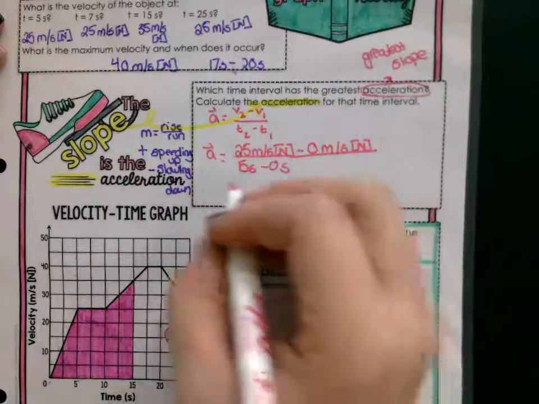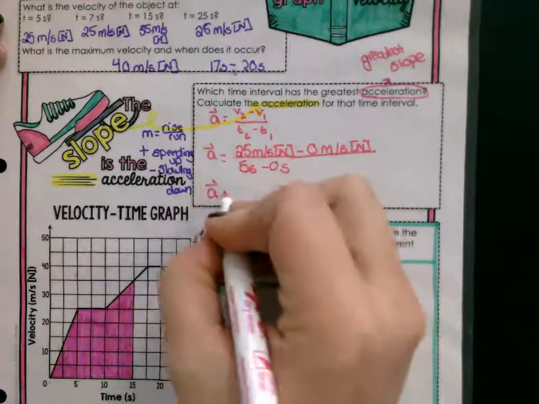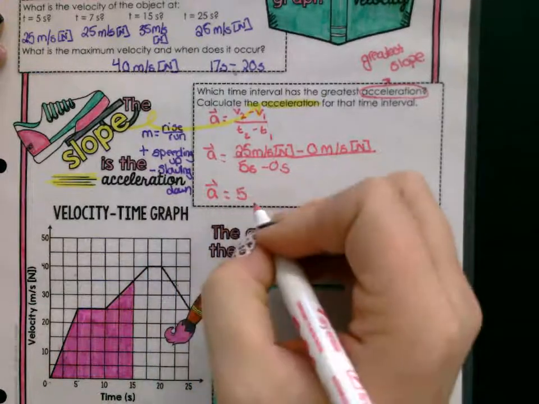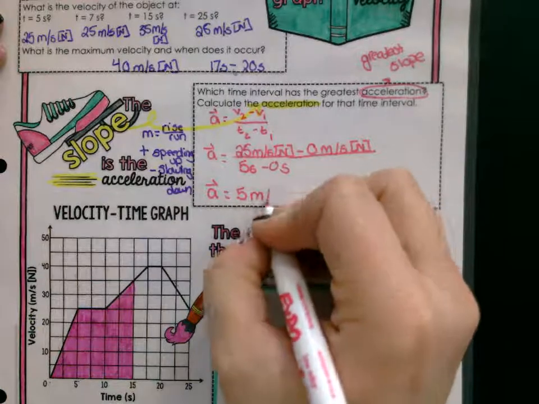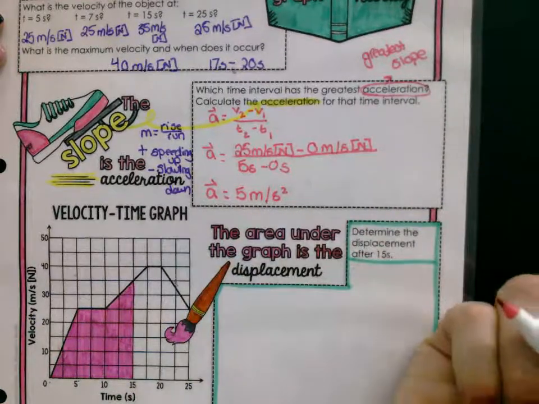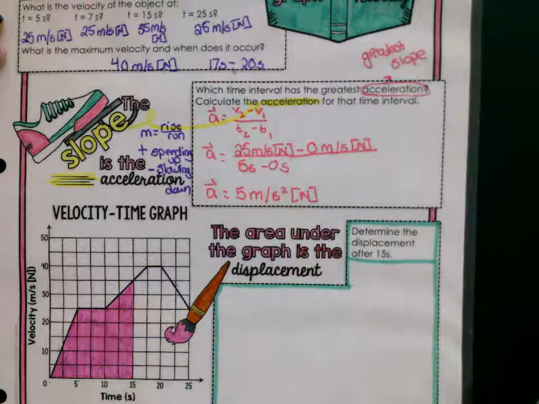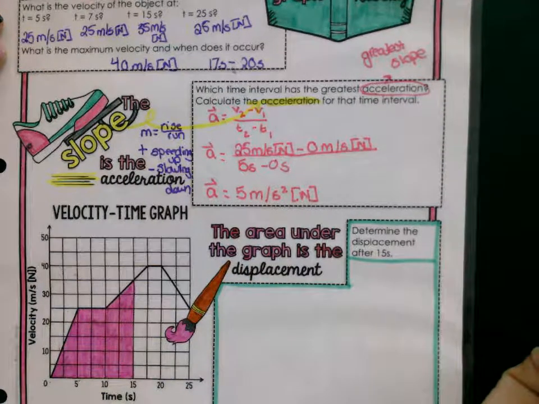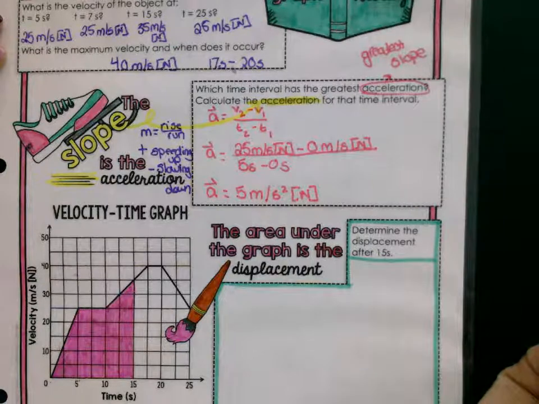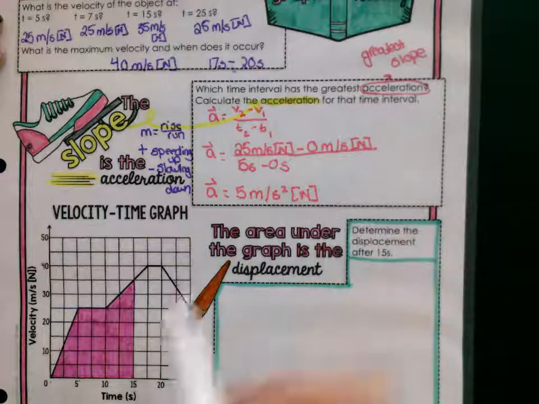The zeros are going to go away. 25 divided by 5 gives me 5 meters per second squared, which is the right units for acceleration. My direction is going to be north. That also matches up with our graph.